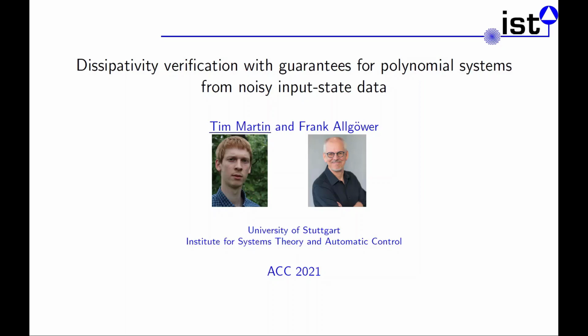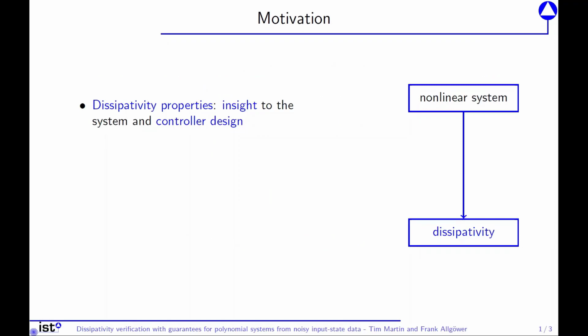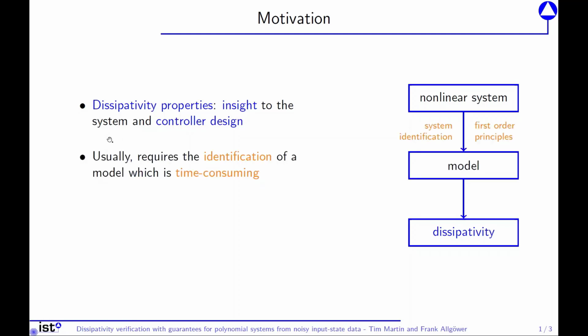This work is motivated as follows. Dissipativity properties such as L2 gain give insight into the system and facilitate a controller design with closed-loop guarantees. However, usually verifying dissipativity properties requires the identification of a precise model, which is often time-consuming and requires expert knowledge on the variety of system identification techniques.